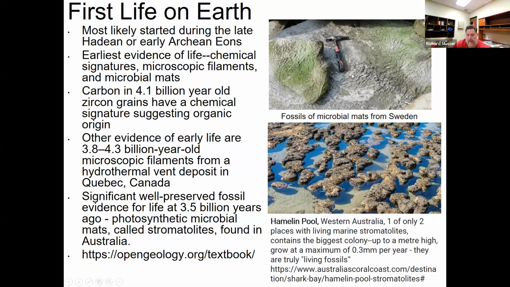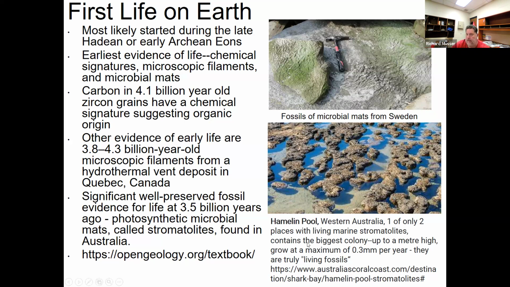This gives us ideas of what early Earth looked like. We can do things like carbon dating and see the ages of these fossils. Here we can see microscopic filaments found in hydrothermal vent deposits in Quebec. These are well-preserved fossils that are around 3.5 billion years old.